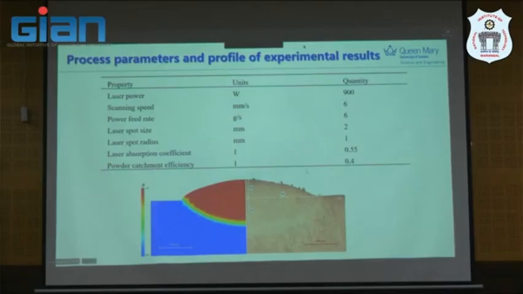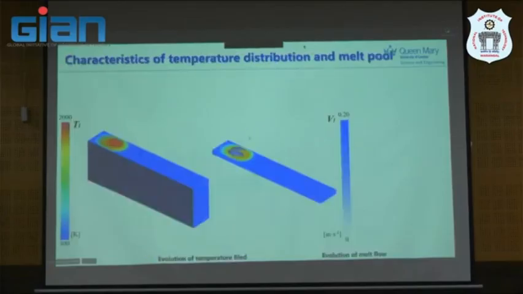The material used in this experiment and simulation is a kind of superalloy. And this is the parameter for the experiment and simulation. What is the superalloy here? Is that 718? Yeah, Inconel 718.